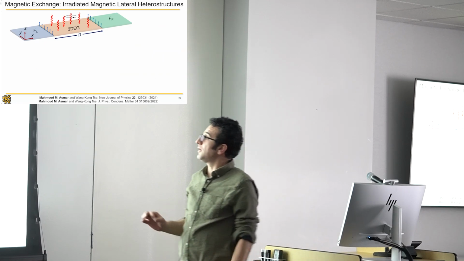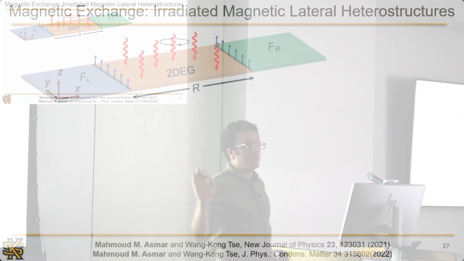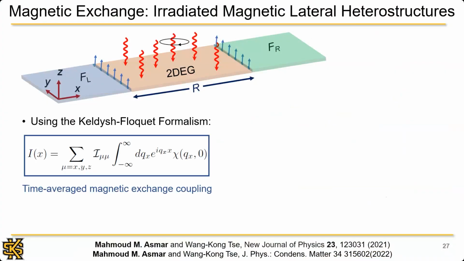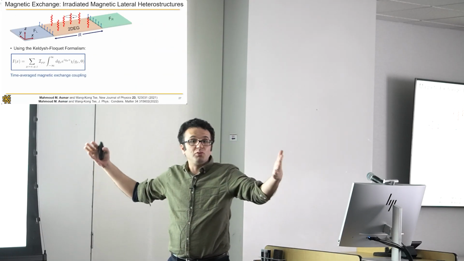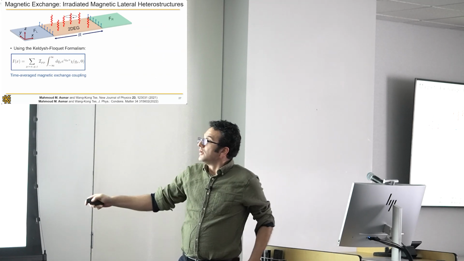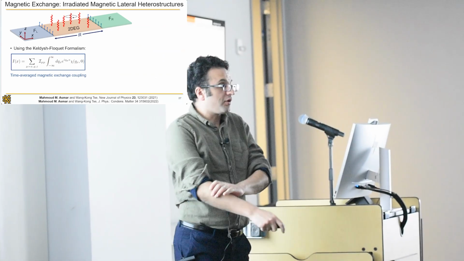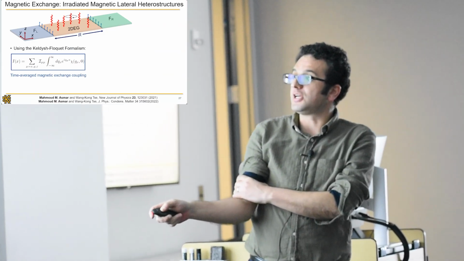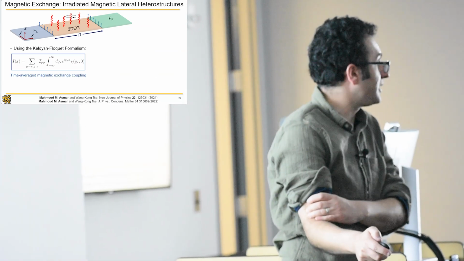So let me just summarize here. This is just for the theorists, and if you're interested, let me know, and I can discuss it with you in the next slides. If I want to find the time average magnetic exchange coupling between my two ferromagnets, I need to use something called the Keldysh-Floquet formalism, which relates the magnetic exchange interaction to the time average spin susceptibility.